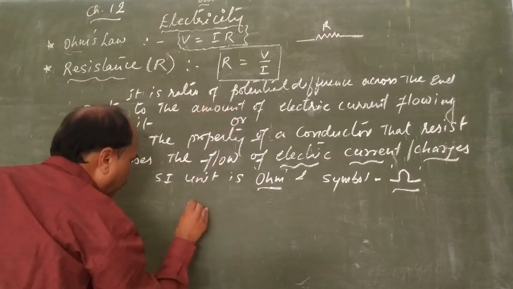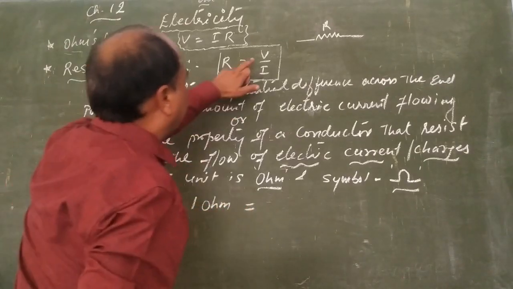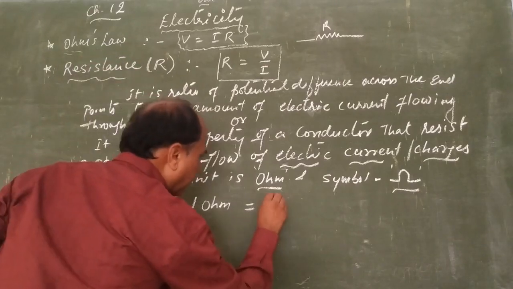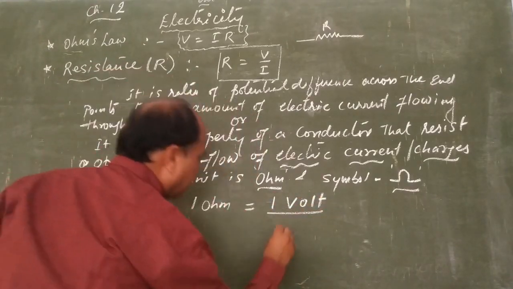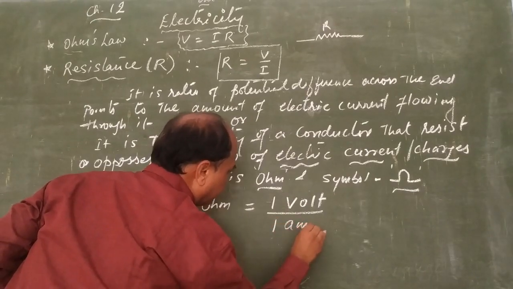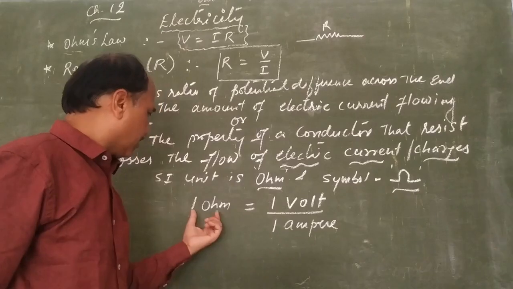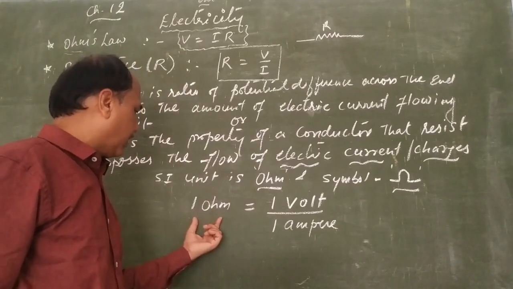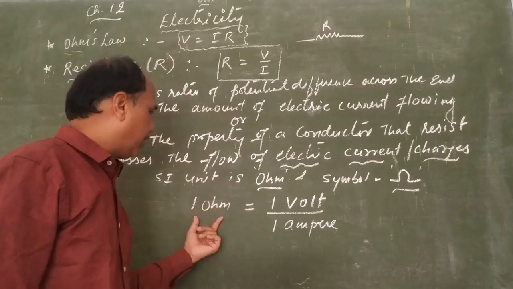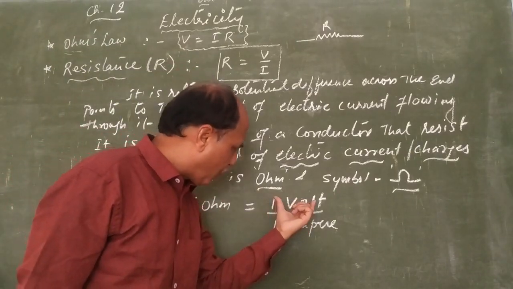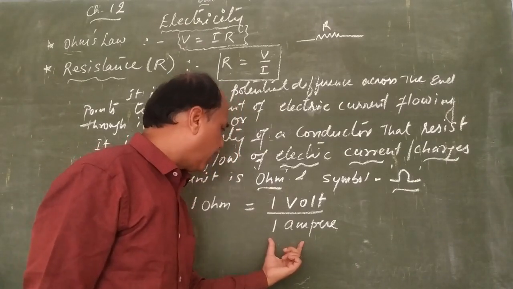If we take 1 ohm, then in place of the potential we write 1 volt divided by 1 ampere. So what is the actual value of the unit ohm? 1 ohm is the ratio of 1 volt to 1 ampere.